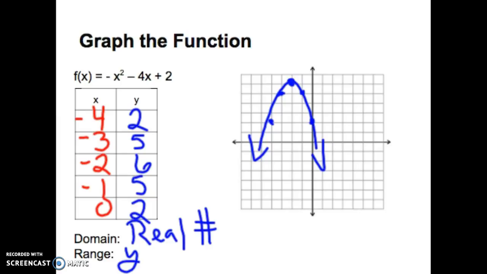We take a look. Is this a minimum or maximum? That is a max, meaning that y needs to be less than or equal to the highest value, which is 6. We get this as our final answer. We have an xy chart, a graph, and our domain and range.